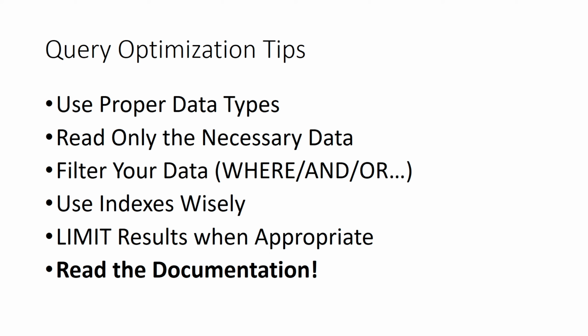You can use indexes to make your queries even faster, but also keep in mind that queries will only use indexes where they're necessary. So if you don't have tens of millions or hundreds of millions of rows, indexes may not be necessary for you. You can also limit results when appropriate.